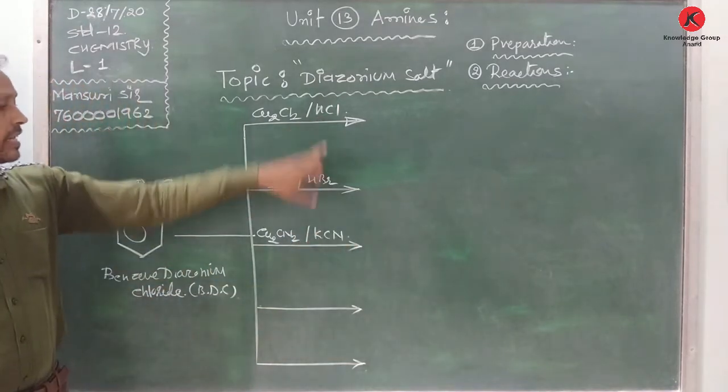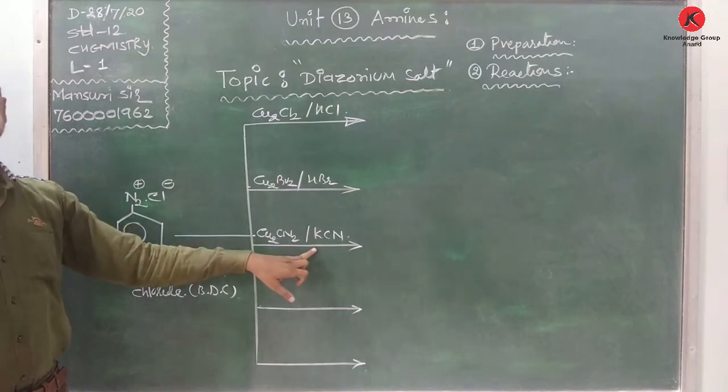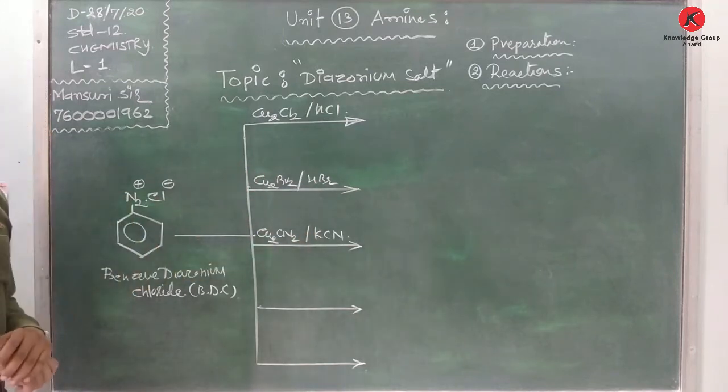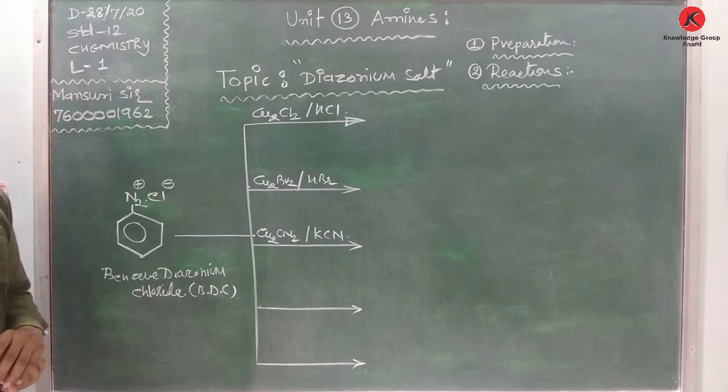Here HCl, here HBr, but here KCN. Now, which product and which yield these reactions give, we will discuss.